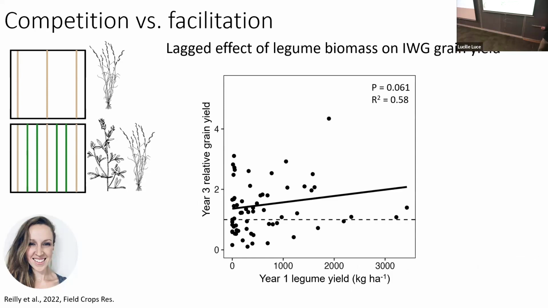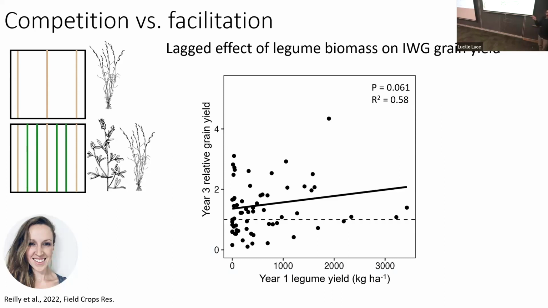And if we look further into this potential legacy, we can see that year 1 legume biomass is actually correlated with the year 3 relative grain yield. So plots that had a lot of legume biomass in the first year, it appeared that there was actually some competition in year 1, but that biomass later translated to potentially being beneficial for grain yields in years 2 and actually year 3, when we picked up that it was because of the nitrogen transfer.